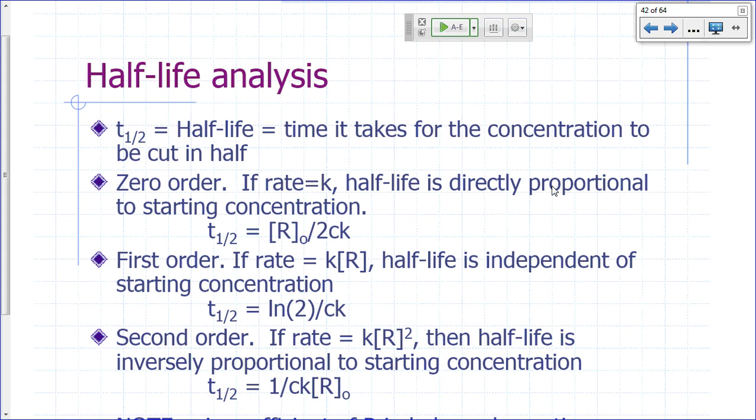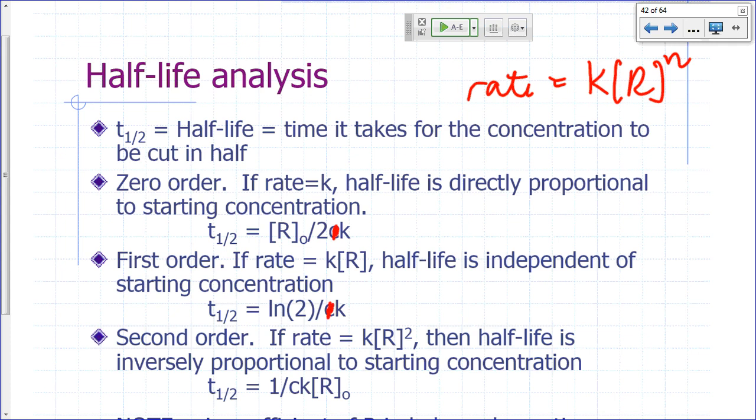Another way you can determine the rate law, for simple rate laws, if the rate is equal to K times the concentration of R raised to the power n, and we're just going to assume a coefficient of 1. So let's just get rid of these C's over here.